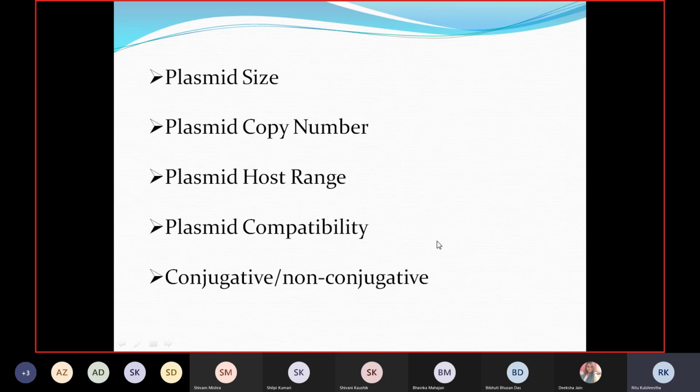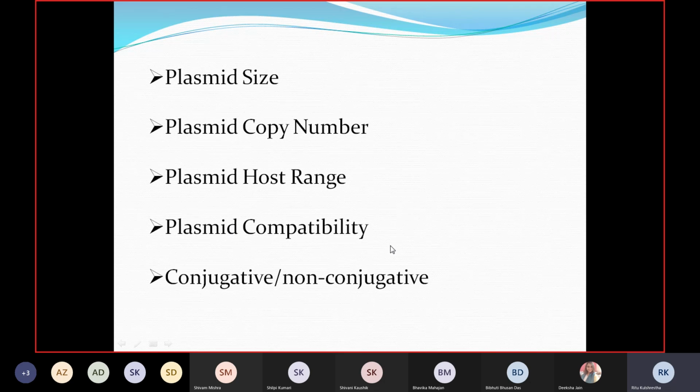Plasmid compatibility also is very, very important. When you have to introduce multiple plasmids for various purposes in the same bacteria, you will go for those plasmids which are compatible with each other. If you do not take care of this point, you will ultimately lose one or the other plasmid over a period of time. Then the last point is conjugative or non-conjugative.